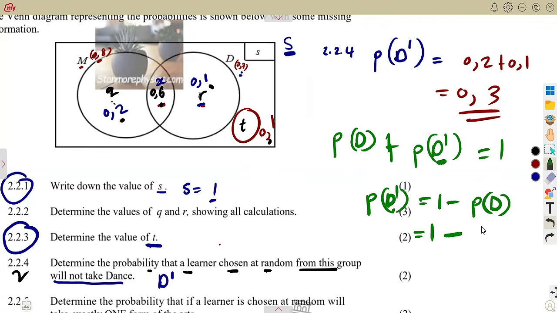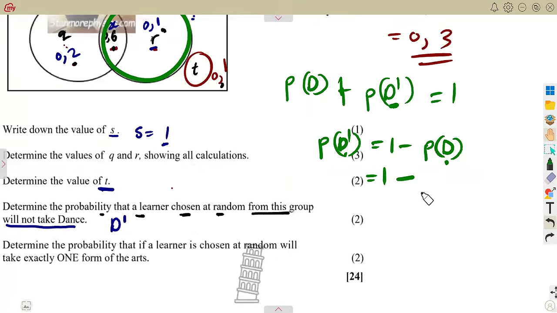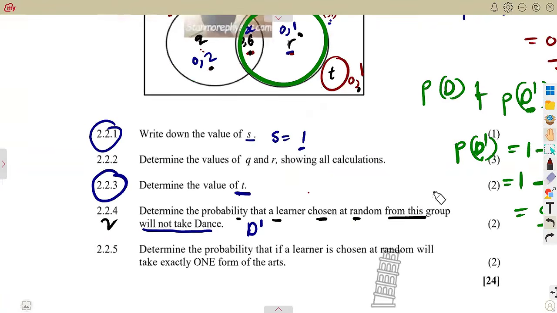So it's supposed to be 1 minus what is in D, which is the 0.7 in D as it is given here in the dance. That's 0.7. So 1 minus 0.7 was going to give us 0.3. That's how you could have answered this question, guys. So many ways that we could have answered this.